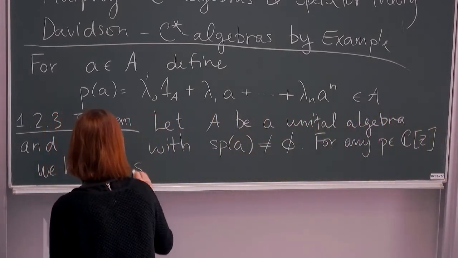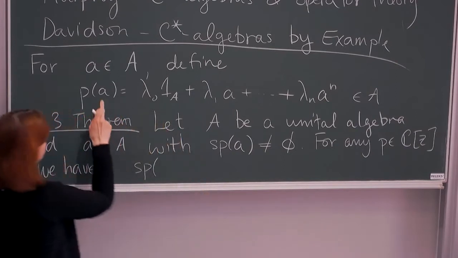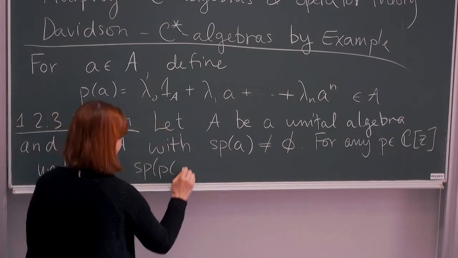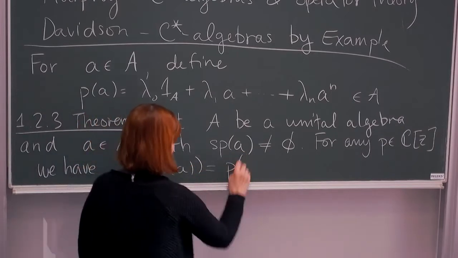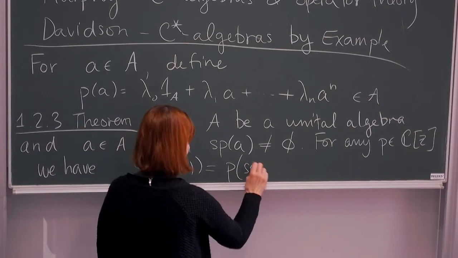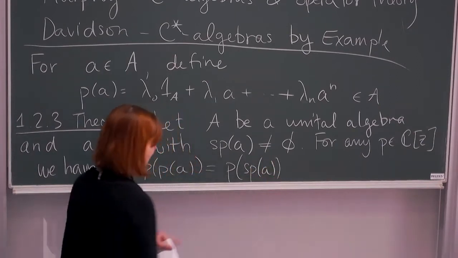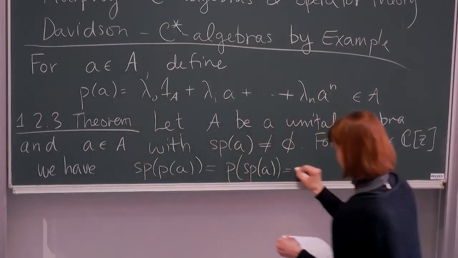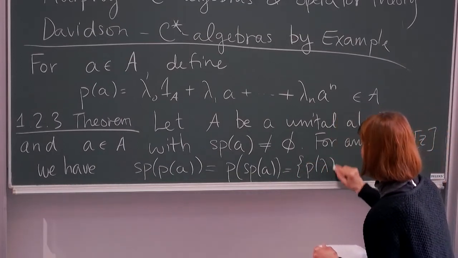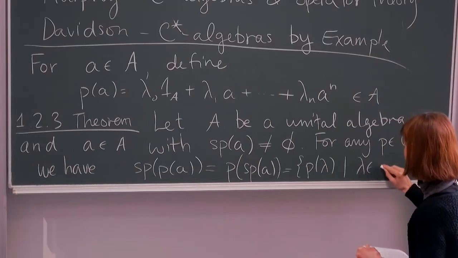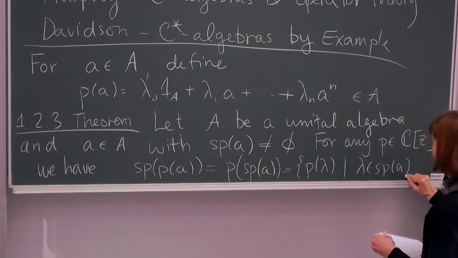The spectrum of this element P(a) is the same as the polynomial of the spectrum of a. By this I just mean the set of P(lambda), where lambda is in the spectrum of a.